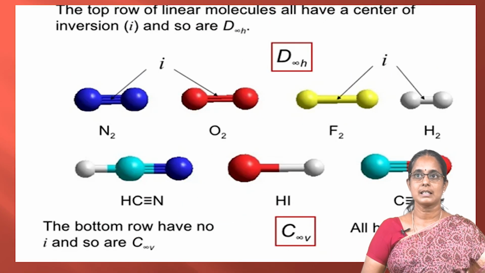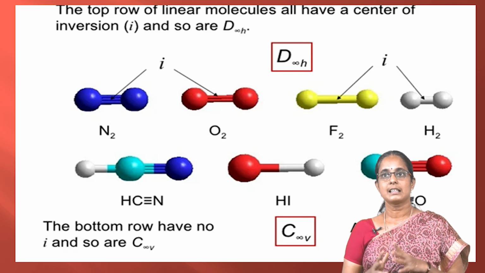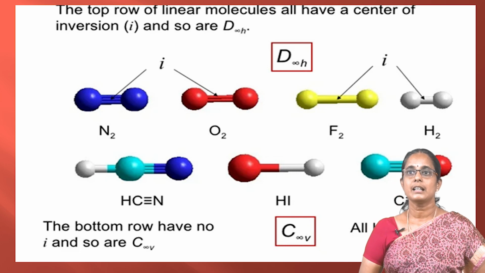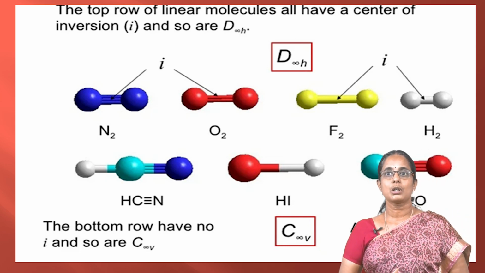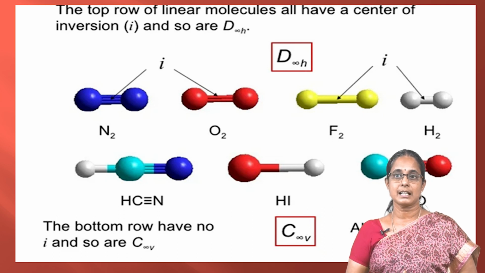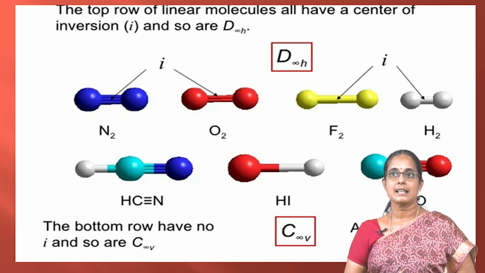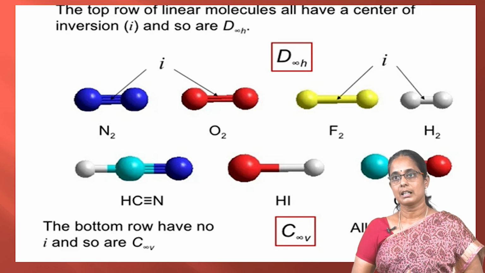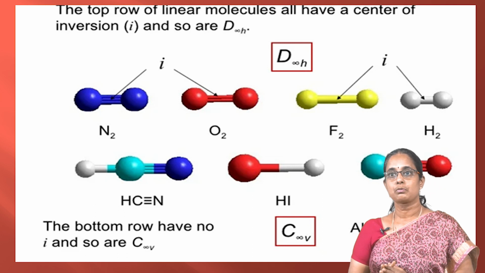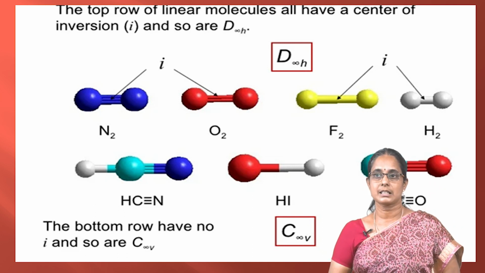First, check if the molecule is linear; there are two categories. In the first, the molecule is linear and has a center of symmetry, a center of inversion, so it has D infinity h symmetry. Examples are nitrogen, oxygen, fluorine and hydrogen.